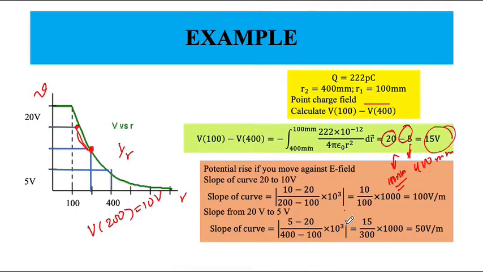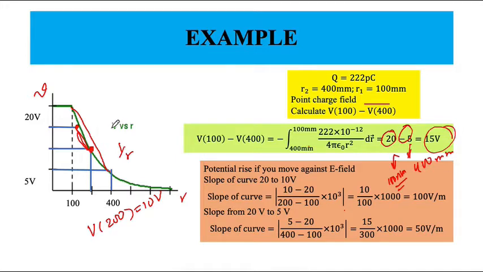So if you try to find the slope of the potential curve from 400 to 100, the slope of this curve will be different compared to the slope of that curve. This is simply indicating that if you want to find the slope and make a good approximation to the continuous curve, your interval had better be small.